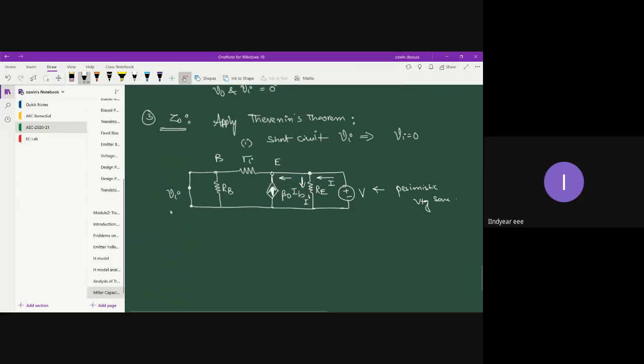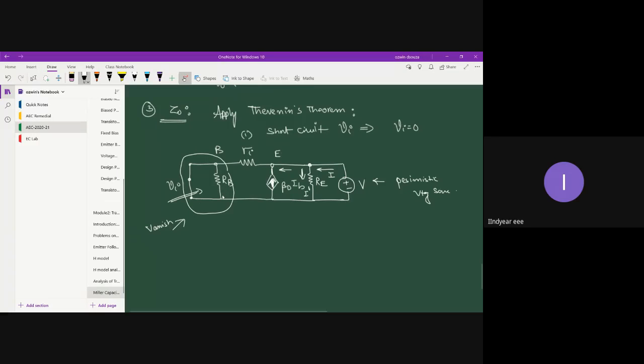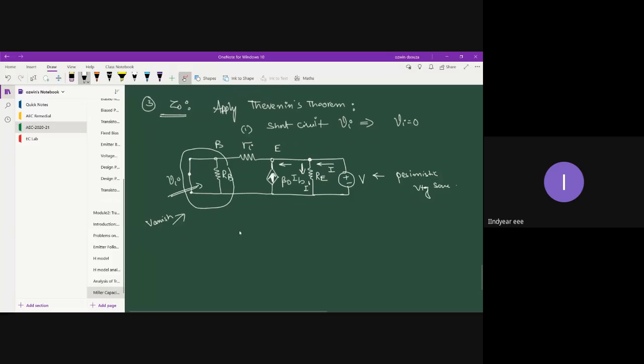Now, since this is short circuiting this particular resistor, this will vanish, because this short circuit will remove the base resistor RB. So you will be left with Ri here.